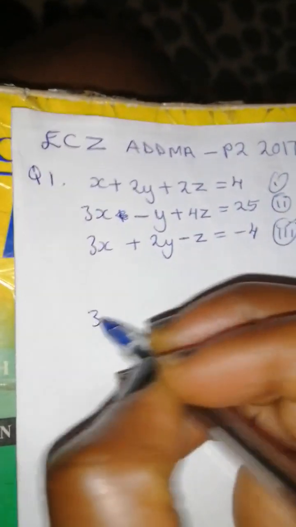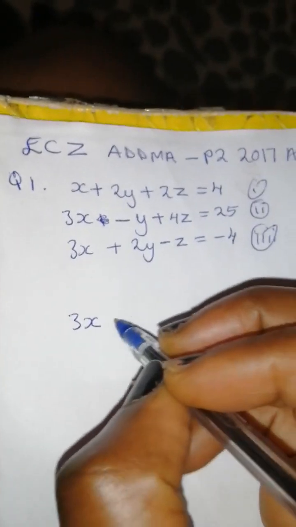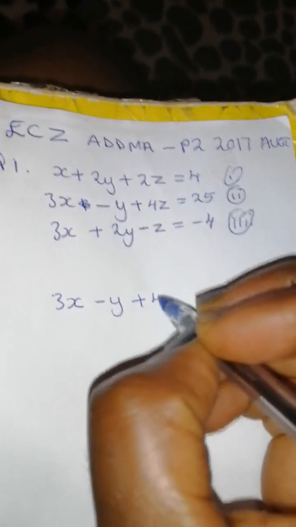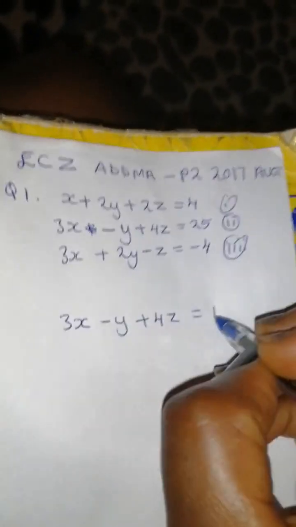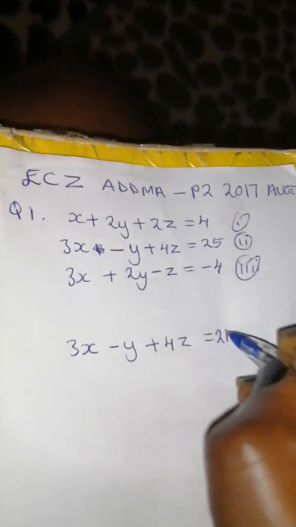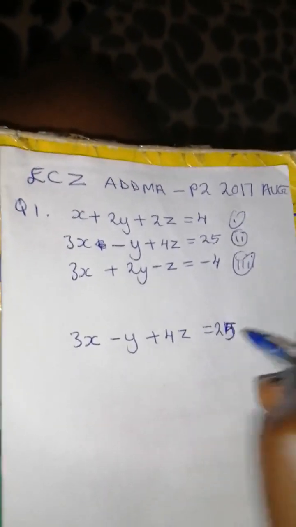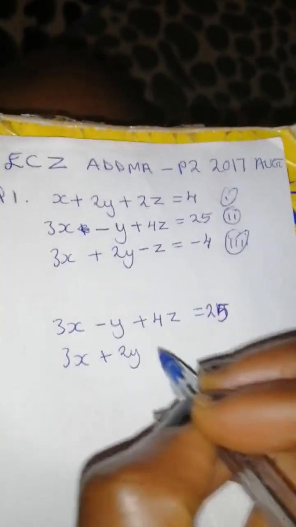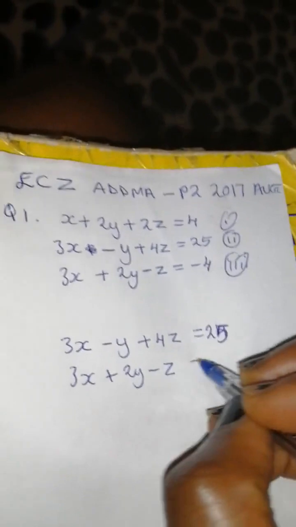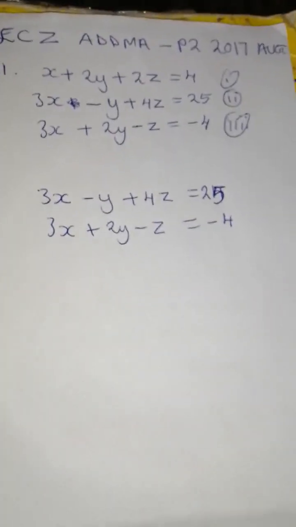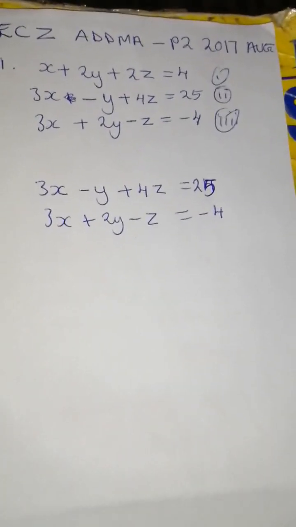Since I have 3x for both, then we have 3x minus y plus 4z equals 25. Then 3x plus 2y minus z equals negative 4. Okay, so I've gotten these two equations and I'm going to solve them simultaneously.